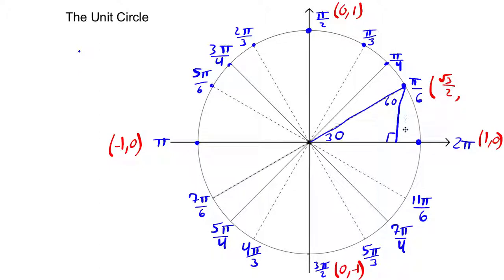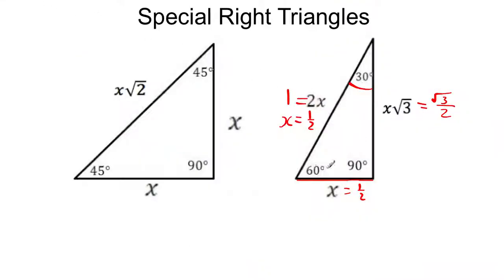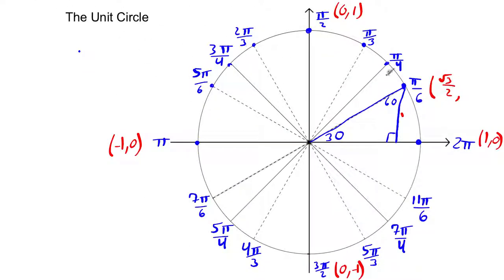The y coordinate is the opposite side, and that's a distance of 1/2. So that's why this point right here is root 3 over 2, comma, 1/2.